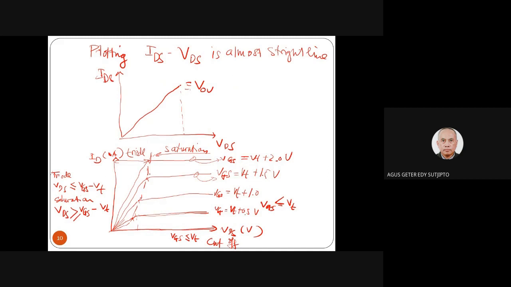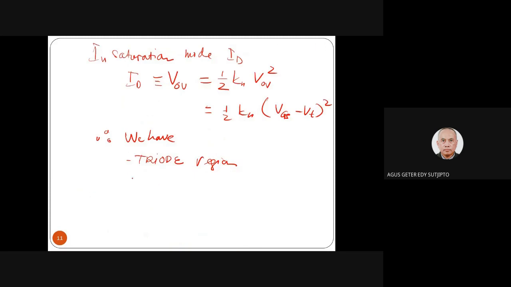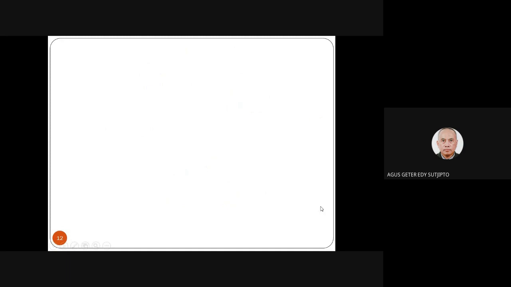The saturation region is the right side of the dash line, and the cutoff mode is on the VGS line where IDS is 0. So we have three regions: triode, saturation, and the third one, the cutoff region, or we can say modes of operation of the transistor.